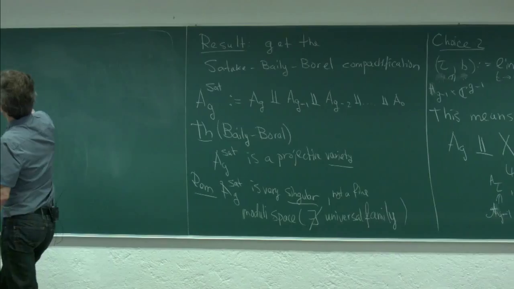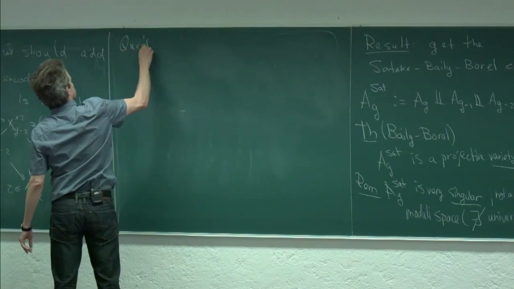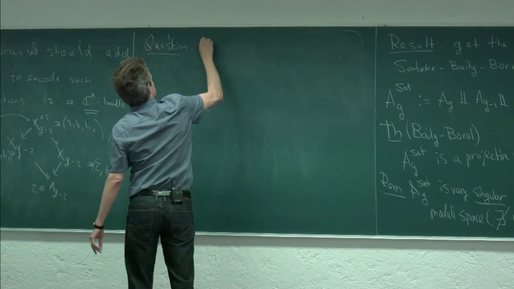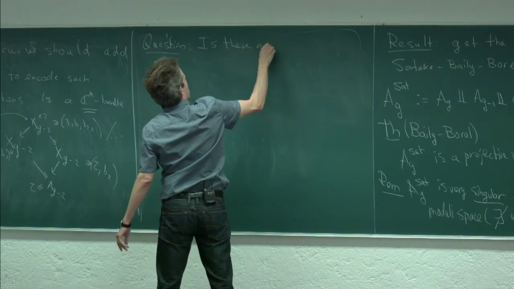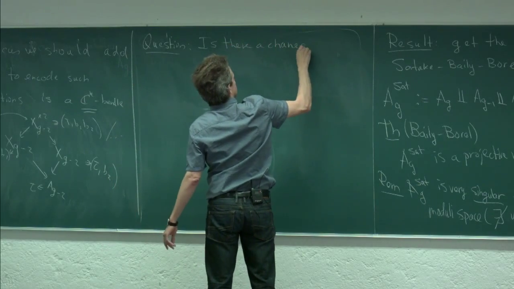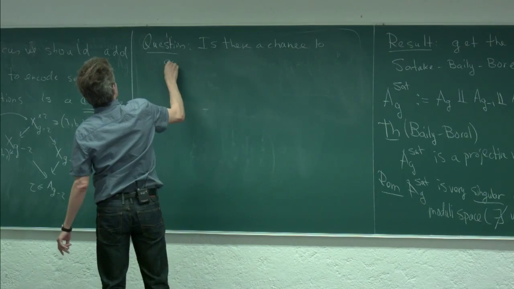So, question. Is there a chance to get a universal family, to get a fine moduli space?